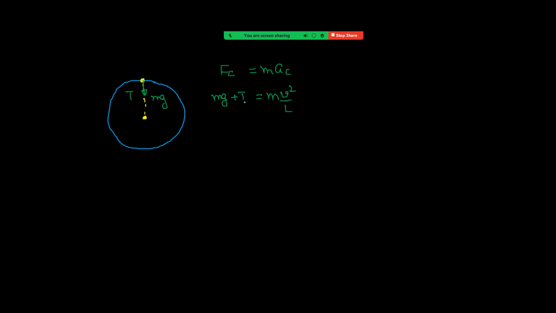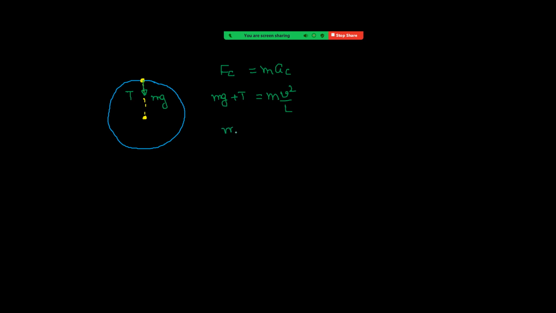And we know that tension can never become negative. Tension zero means the string is loose, and if the string is loose, circular motion is not possible. So tension is either zero or positive, therefore its minimum value is zero. So when tension becomes zero, speed becomes minimum, because the remaining quantities are constants.